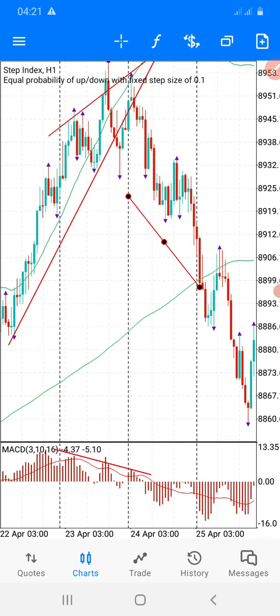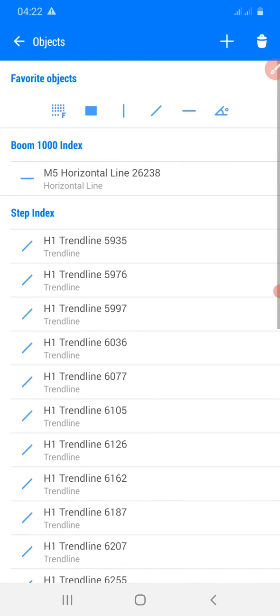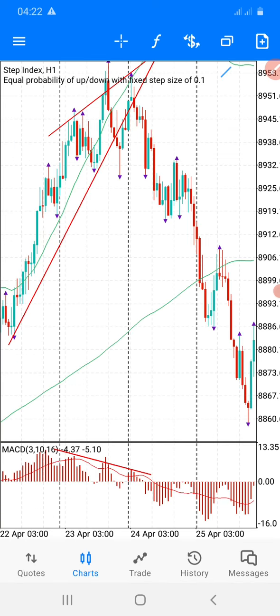Okay, another way is for us to wait for our MACD histogram, which is what we are having here. You wait for the MACD histogram to cross the zero line down.